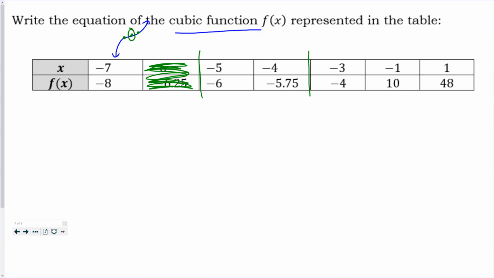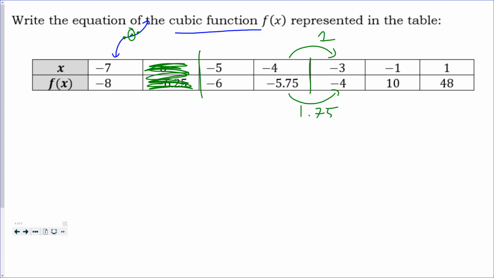So if I look at the -4 first, which we already know is giving me the point, if I go from -4 to -3, that's a difference of 1. And then from -5.75 to -4, that's a positive 1.75.